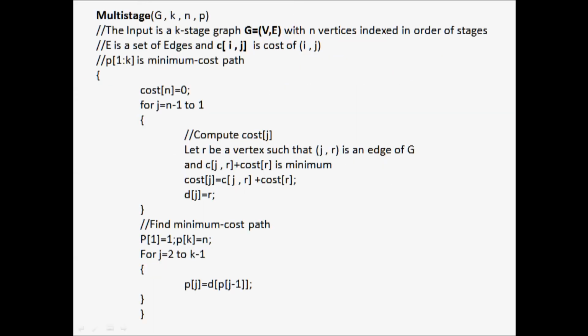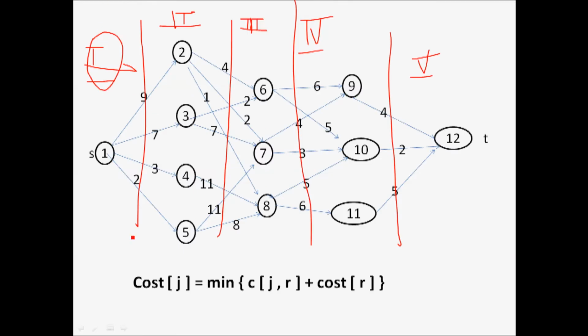First of all, let's go through the input: a k-stage graph with n vertices indexed in the order of stages. That is, we are going to divide this graph into k stages, where k is equal to 5, and the vertices are indexed in the order of increasing stage number.